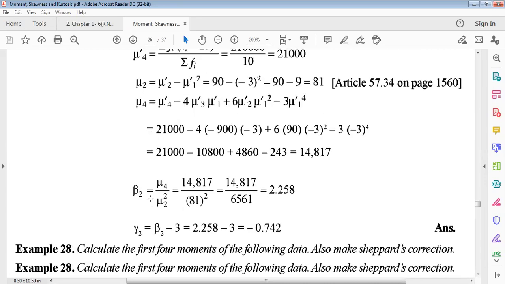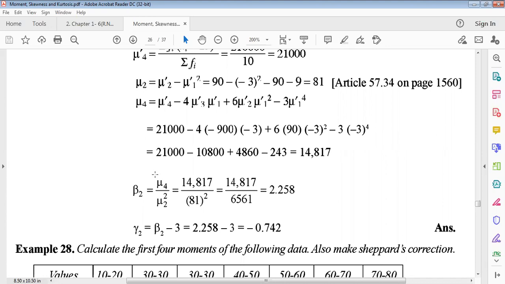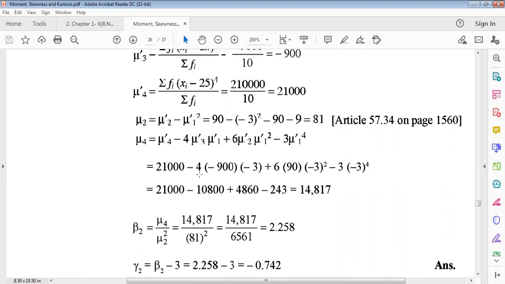Beta 2 will be the kurtosis. To find the kurtosis, you have to use this formula: the fourth corrected moment divided by the second corrected moment whole square. Now using this formula, mu4 equals 14817 and mu2 equals 81.